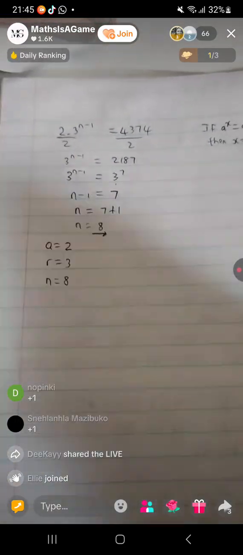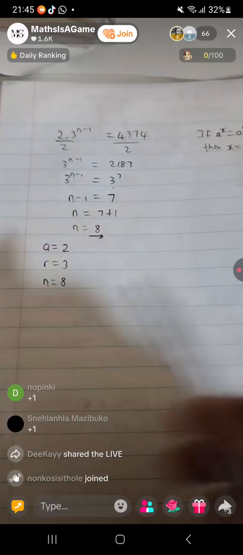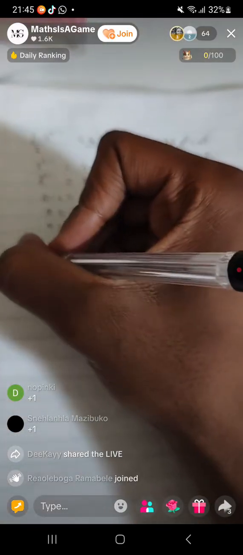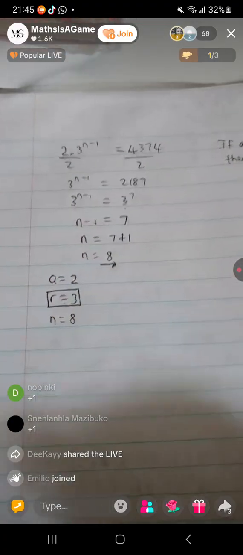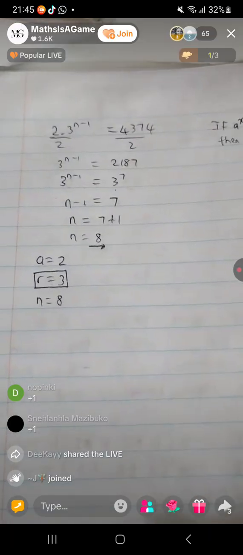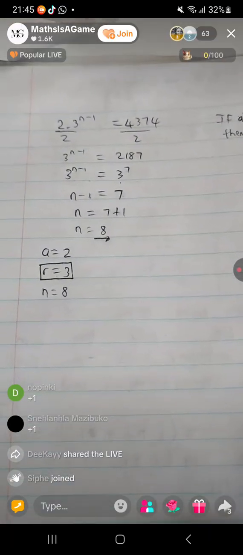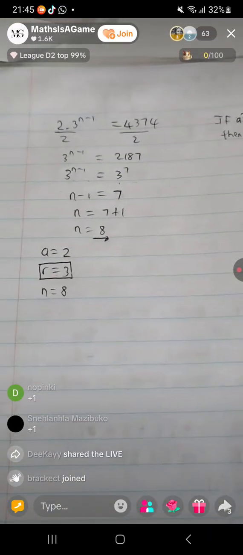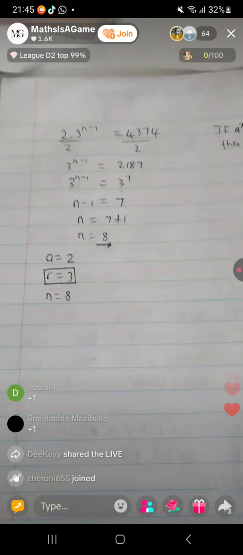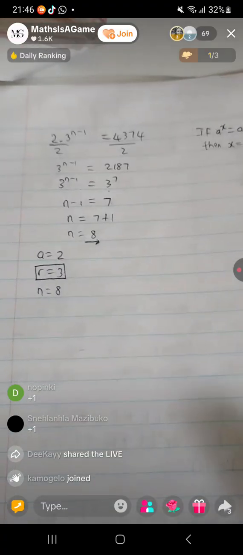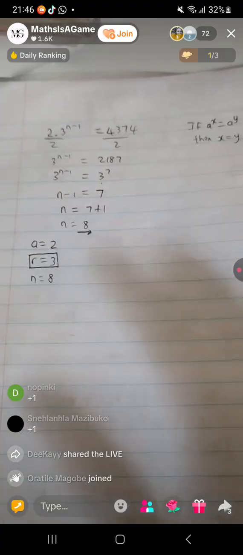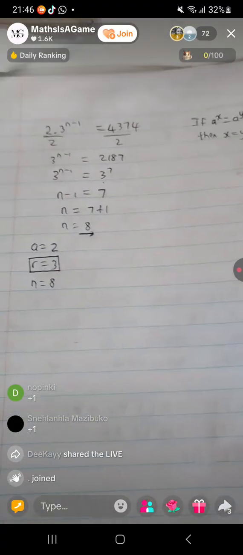The formula that we use to calculate the sum when the geometric series has a value of r that is greater than what? When r is greater than what do we use that formula? All right, that's very important because we need not forget that.